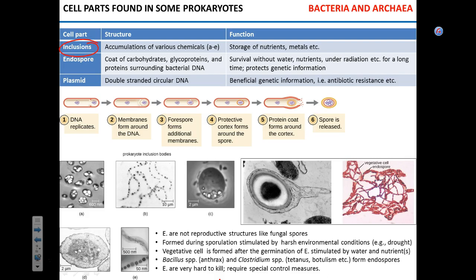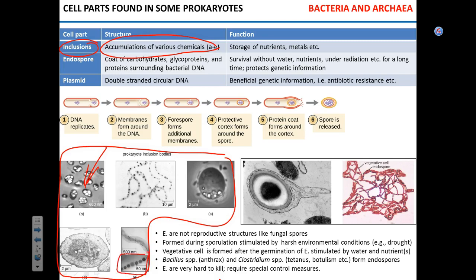Kind of boring. Inclusions, bunches of chemicals. Okay, so those are all inclusion bodies. They can store hydroxybutyrate, which is a nutrient, or, like in this picture, they store iron.